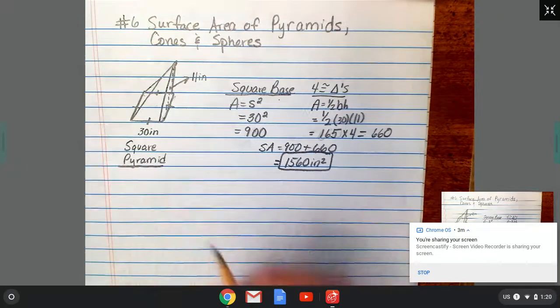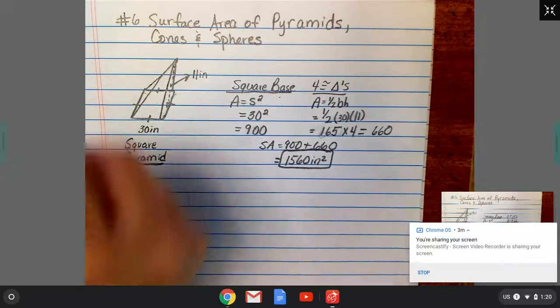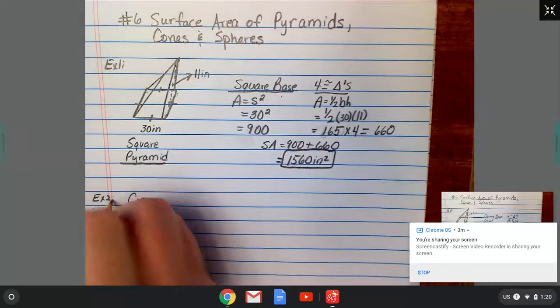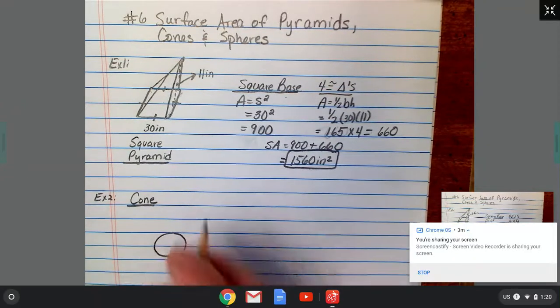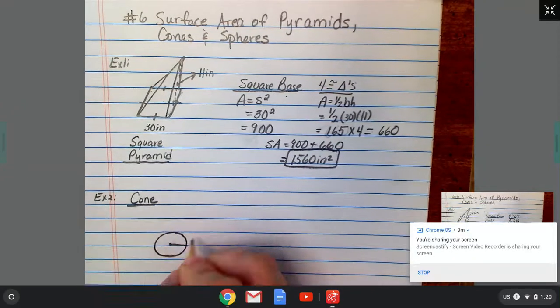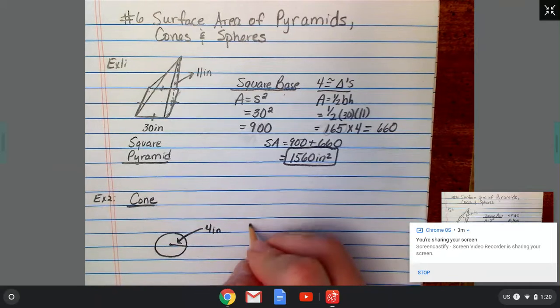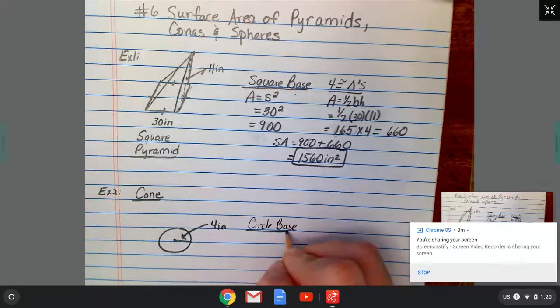Okay, then the next shape, I guess, this example 1, is a cone. Okay, so a cone has a circle base, so we're going to have to do the circle. Okay, so let's go ahead and get us a circle. 4 inches. So circle base just has one circle.